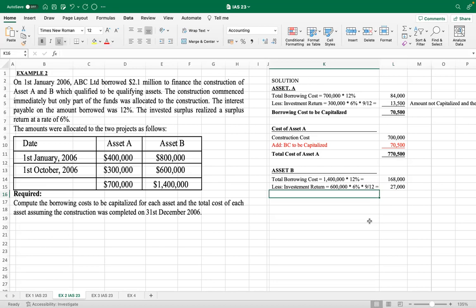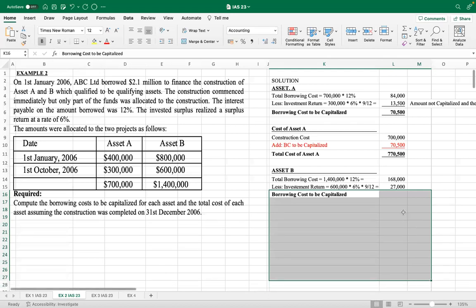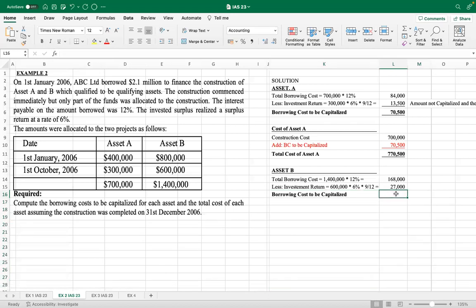So the amount of borrowing costs to be capitalized will be equal to 168,000 minus 27,000. So it will give you 141,000.